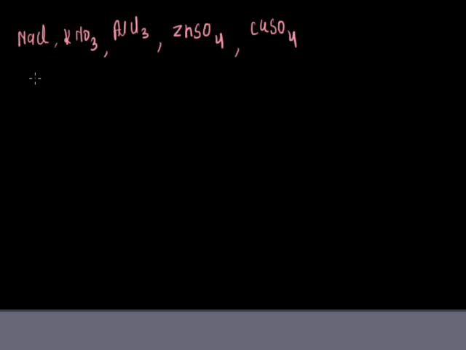So we have sodium chloride NaCl, next one is potassium nitrate KNO3, next is aluminum chloride AlCl3, zinc sulfate ZnSO4, copper sulfate CuSO4, sodium acetate CH3COONa, sodium carbonate Na2CO3 and sodium hydrogen carbonate, that is NaHCO3.